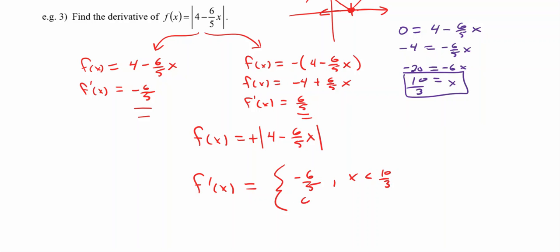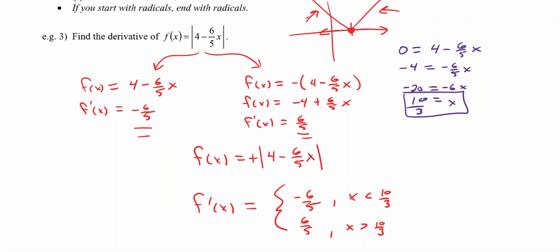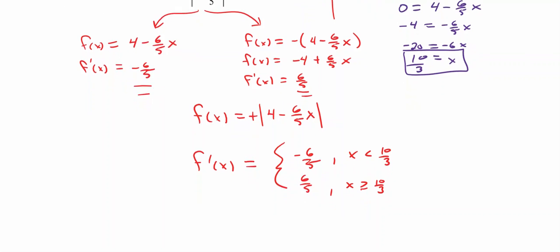And it would be 6 over 5, where x is greater than or equal to 10 over 3. Now I said this one was greater than or equal to, and this one was just less than. It actually could be the other way around, couldn't it? Because right at this point, they actually share that point, right? That they're together. You could even say is equal to on both of them, but sometimes we'll just commit it to one or the other. So not a big deal on that one.